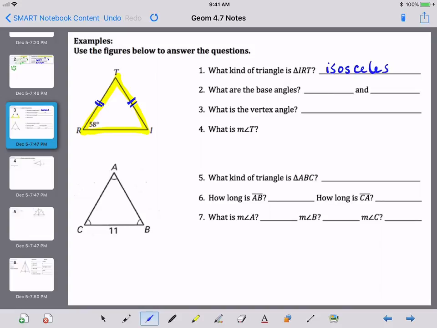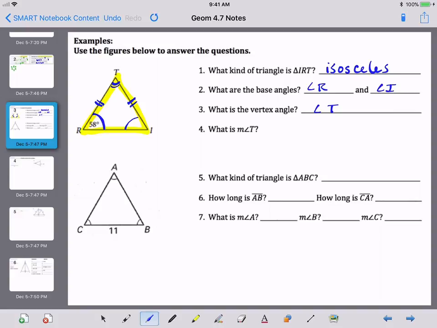And the base angles are the two that are opposite the congruent sides. So that would be this angle R and angle I. The vertex angle then is the leftover angle, which would be T.